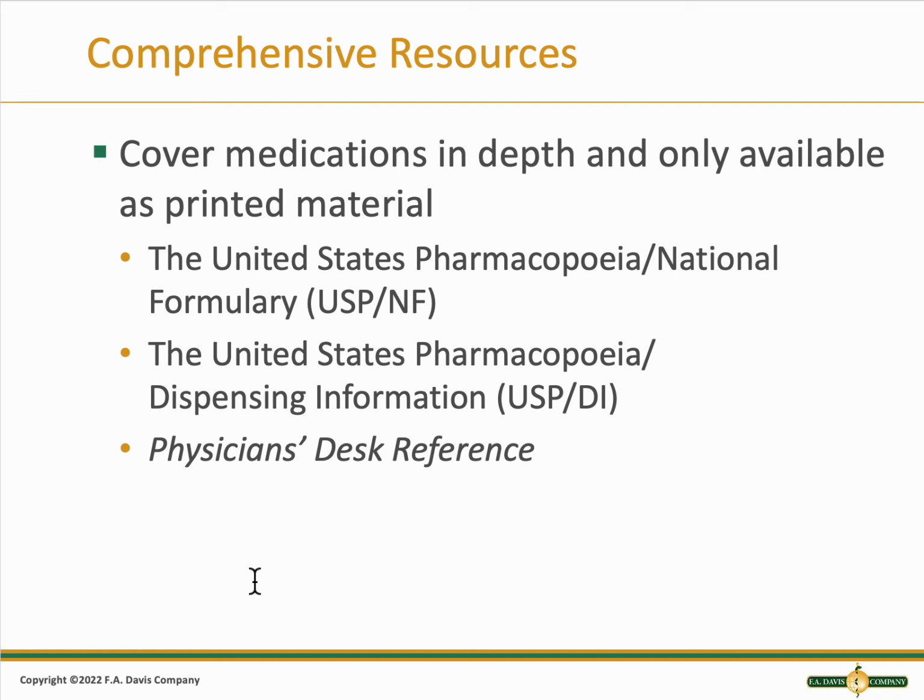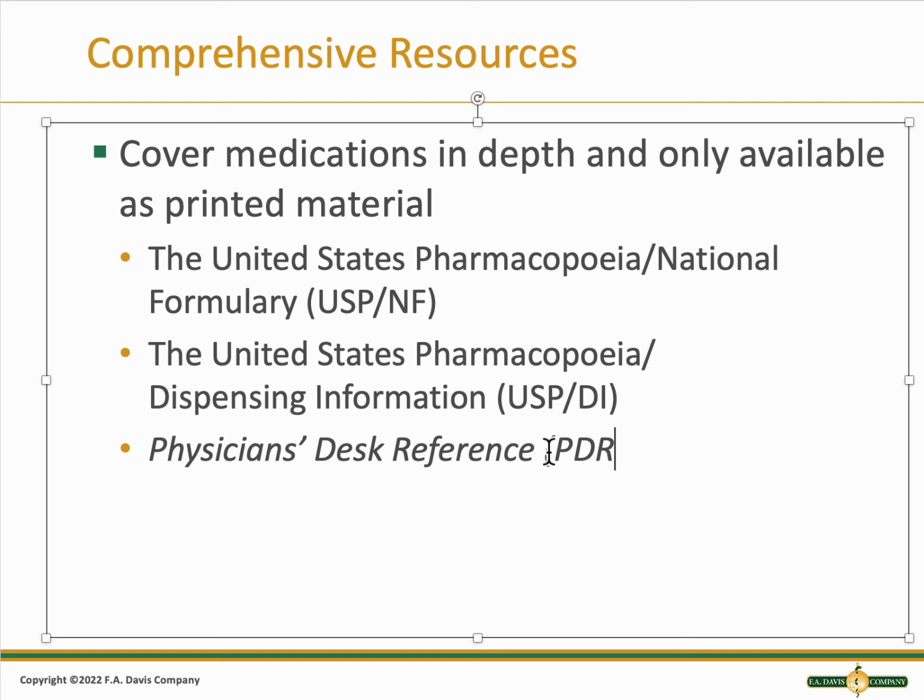They cover medications in depth, and were typically only available as printed material. These include the United States Pharmacopoeia, the National Formulary, dispensing information, as well as the Physician's Desk Reference, also known as the PDR for short.